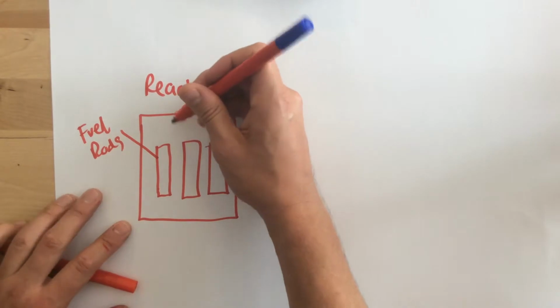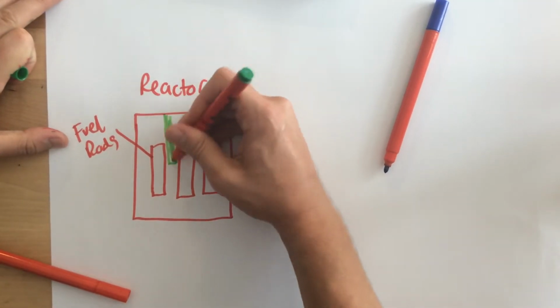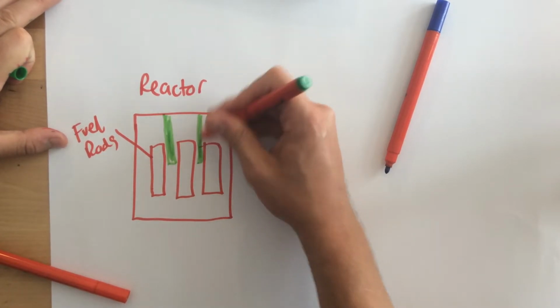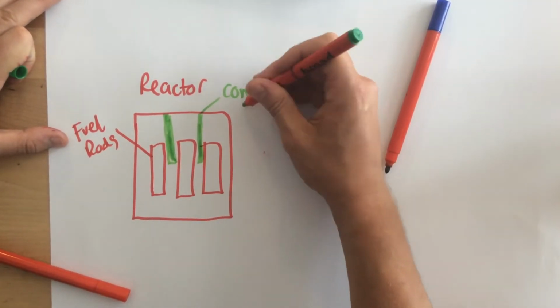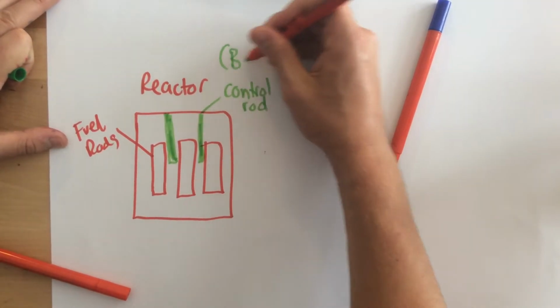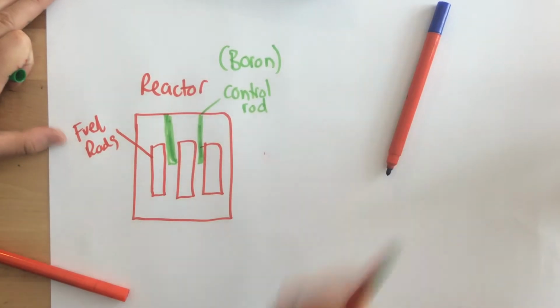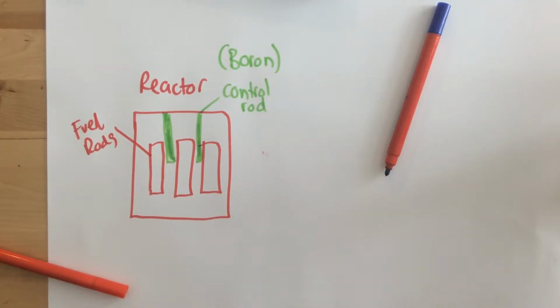We also, however, have these things called control rods. Now, what a control rod is, these are made out of boron. And what they're for is they absorb some neutrons.